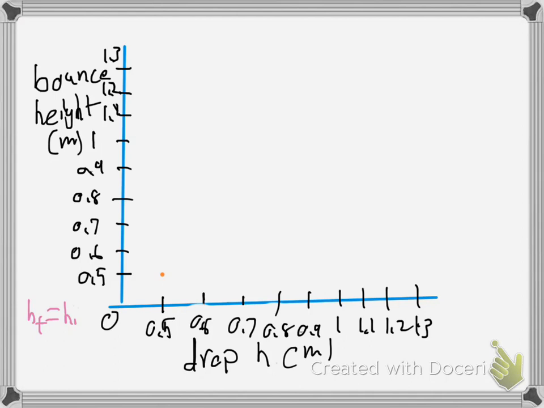And if you're looking at their hypothesis, then eventually the bounce height is going to be getting so much less than the drop height for high speeds.